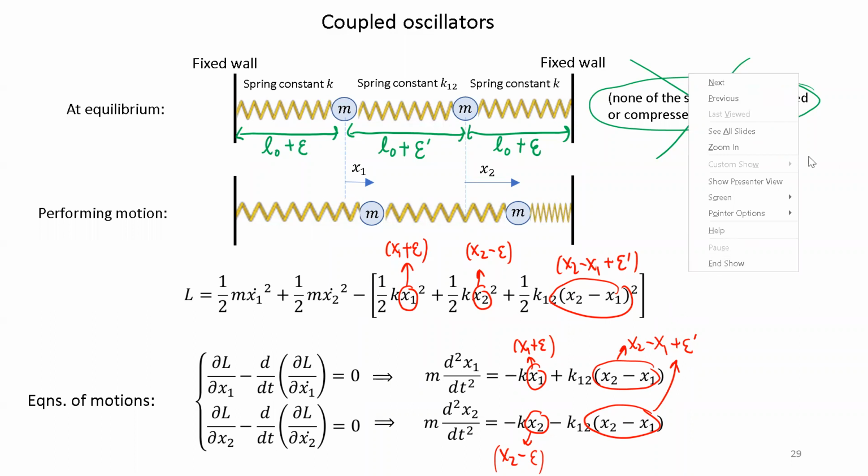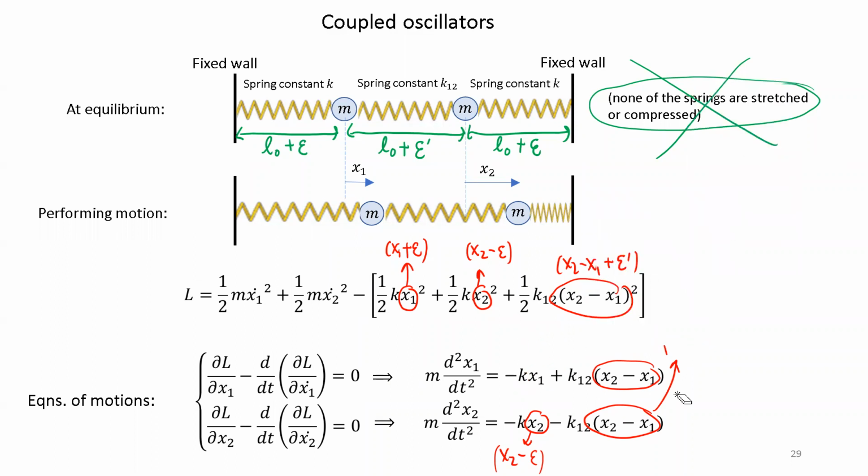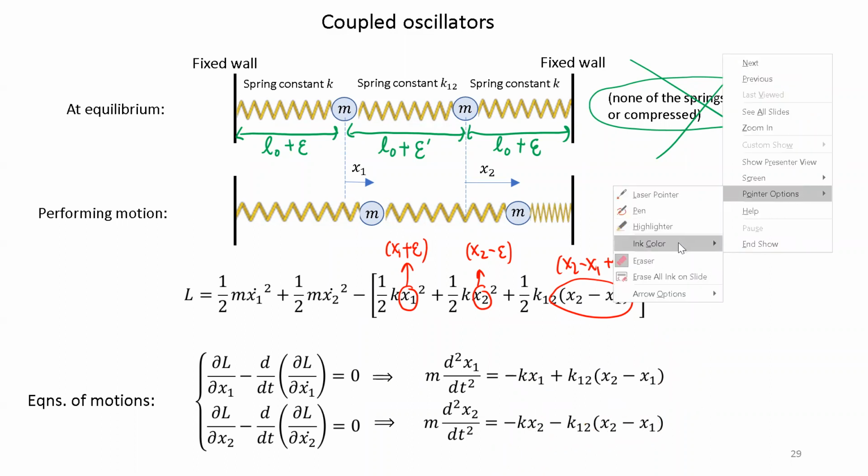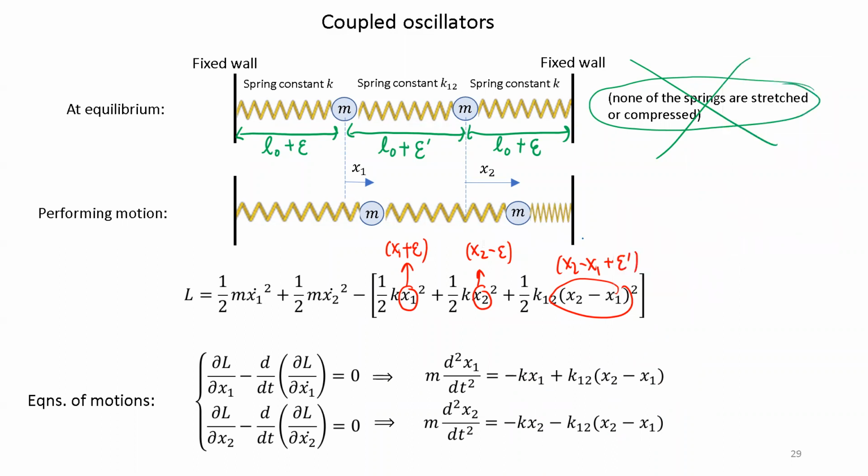So if I just write the constant term separately behind, then this whole thing would have this minus k epsilon plus k12 epsilon prime.